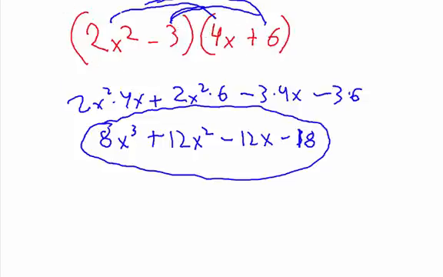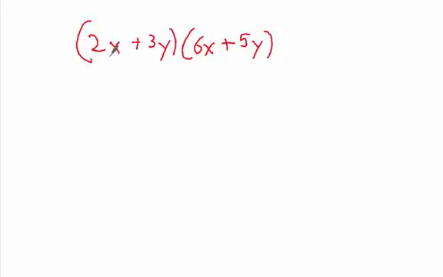Last example we're going to do, 2x plus 3y times 6x plus 5y. Now in this case I've got two variables, but it really does not change the procedure at all. Still start taking our first term in the first binomial, multiplying it by the first term in the second binomial. 2x times 6x.